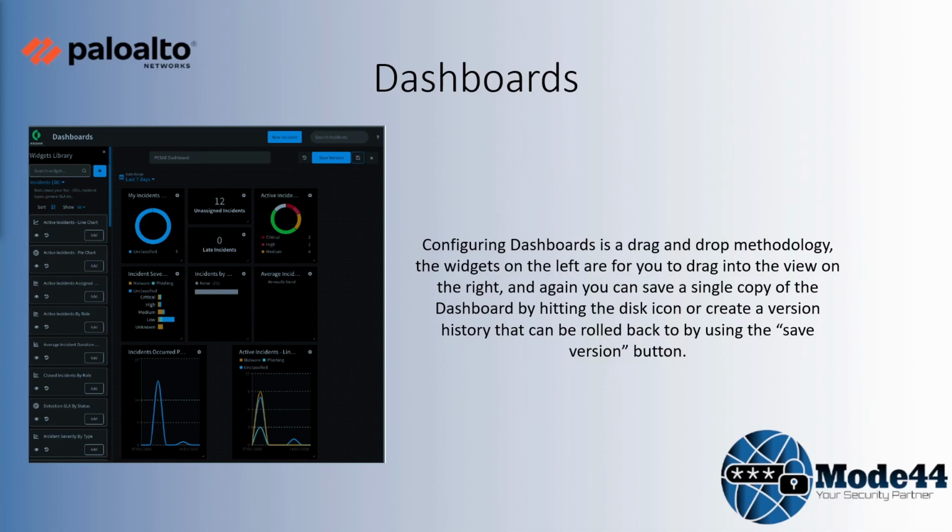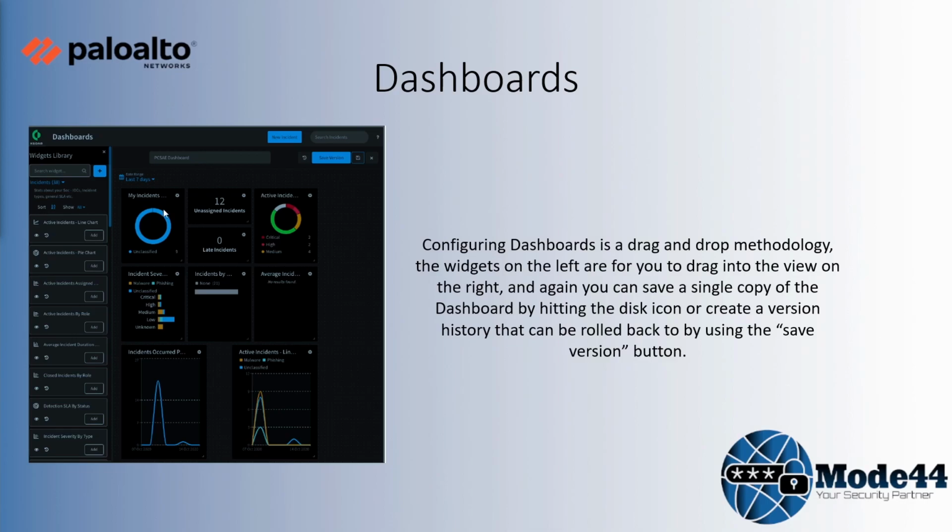So configuring dashboards, as I said, I can't demonstrate it. I'm hoping one day to get a license so that I can. It is a drag and drop methodology. You can see on the left hand side you've got the widgets library.